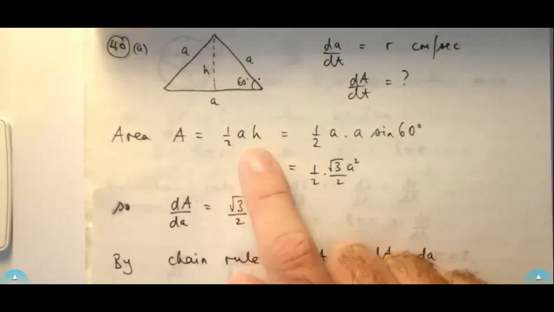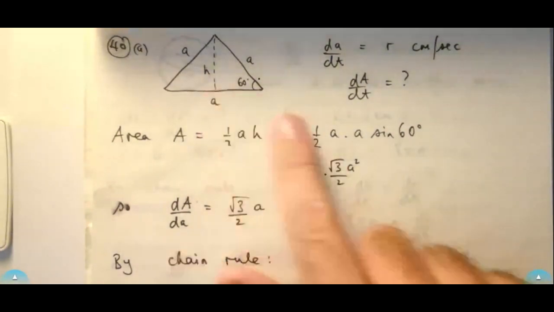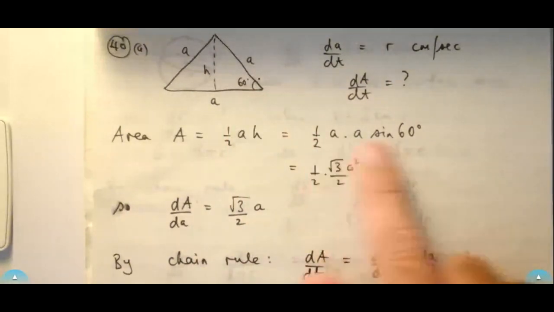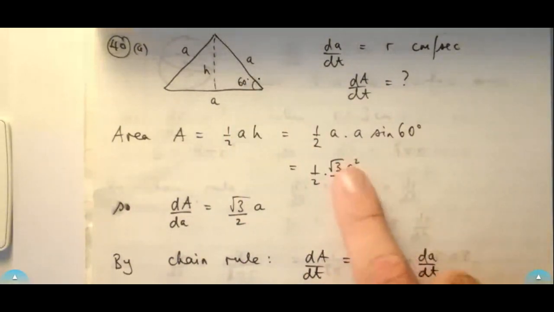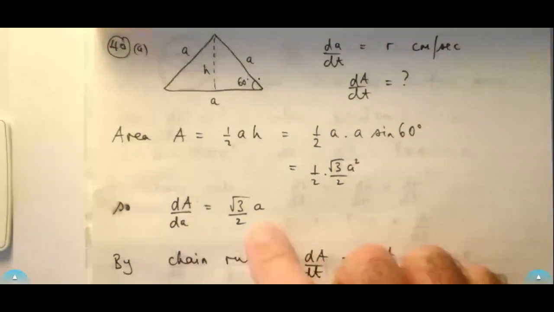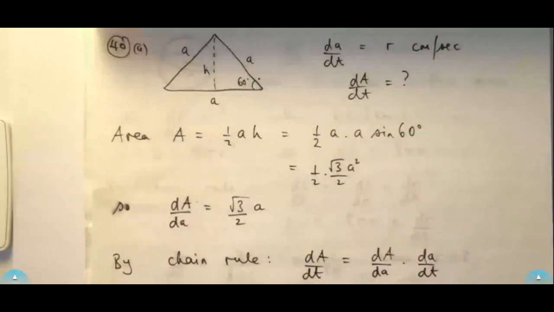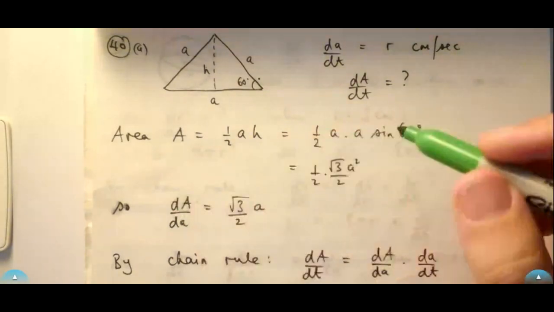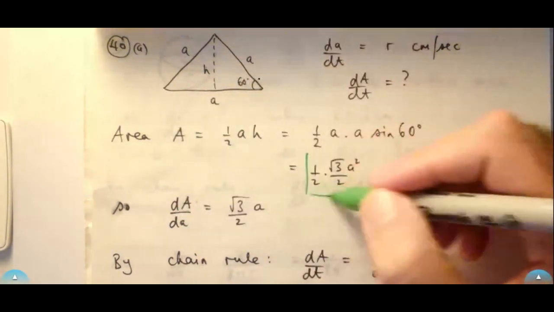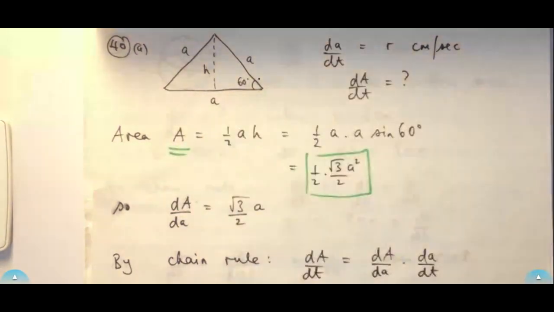It's, of course, half the base times the height. And the height, because that angle is 60, can be written like that. And sine of 60 is √3 on 2. So first step, get a function for your area.